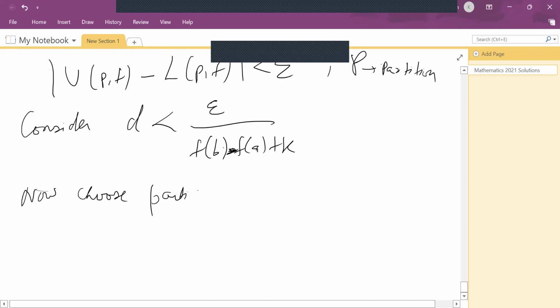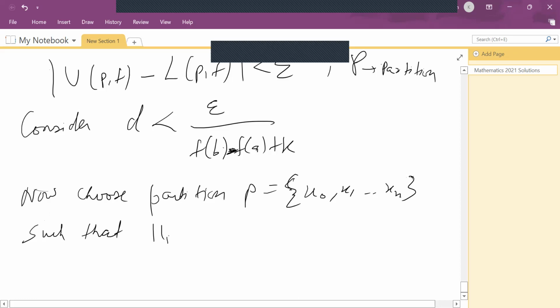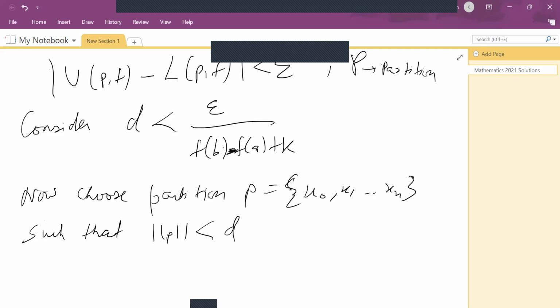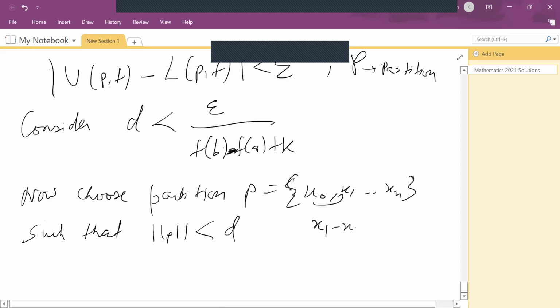Choose partition P, x0, x1, up to xn, such that the norm of partition is less than d. What is the norm of partition? It is the largest difference between consecutive points, like x1 minus x0, which is less than d.